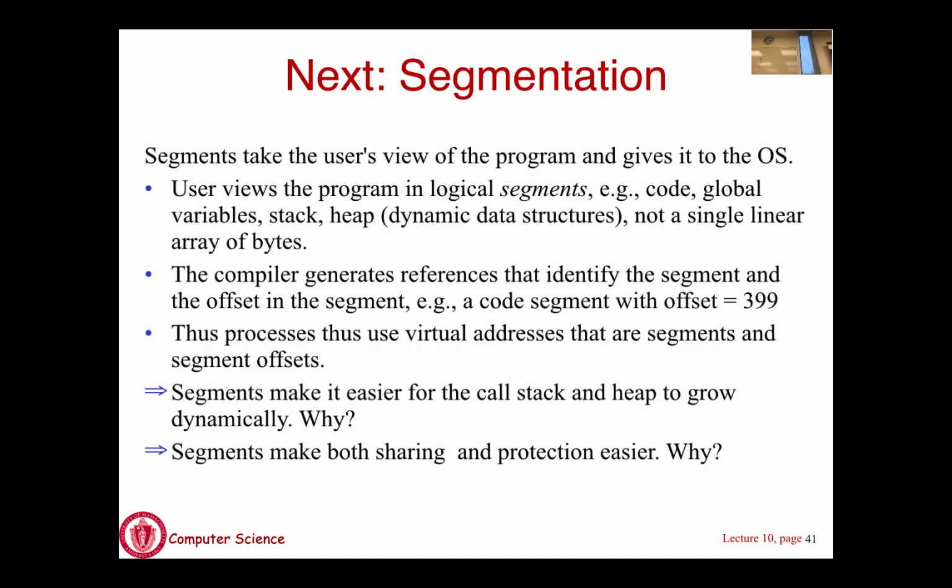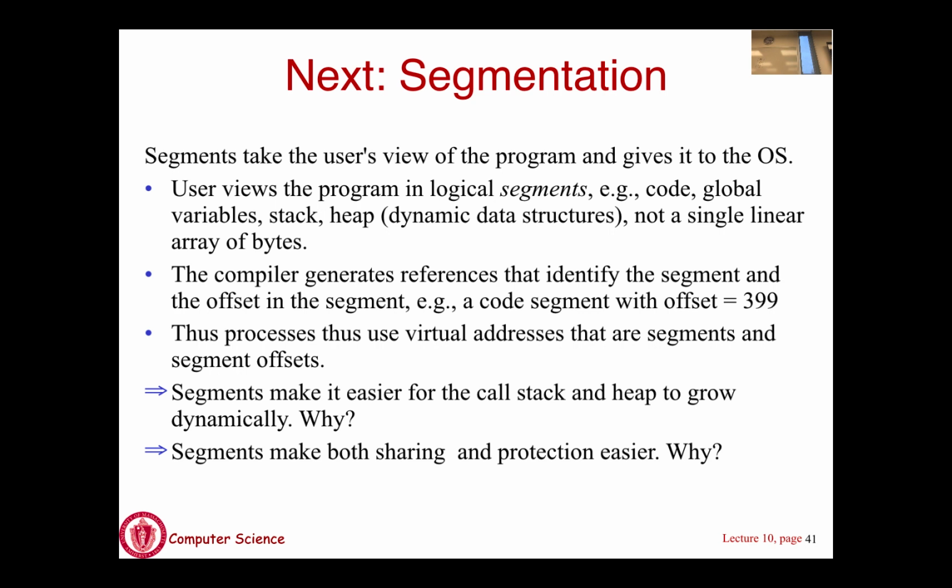As far as processes and compilers generating machine code are concerned, they think of a logical view where process memory is divided into segments. The text segment holds code for the process. The heap segment stores dynamically allocated data structures. The stack stores local variables and things of that sort. That's the process view.